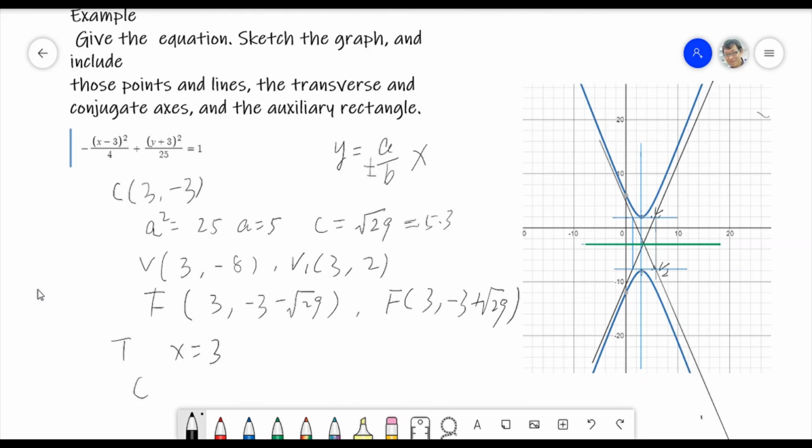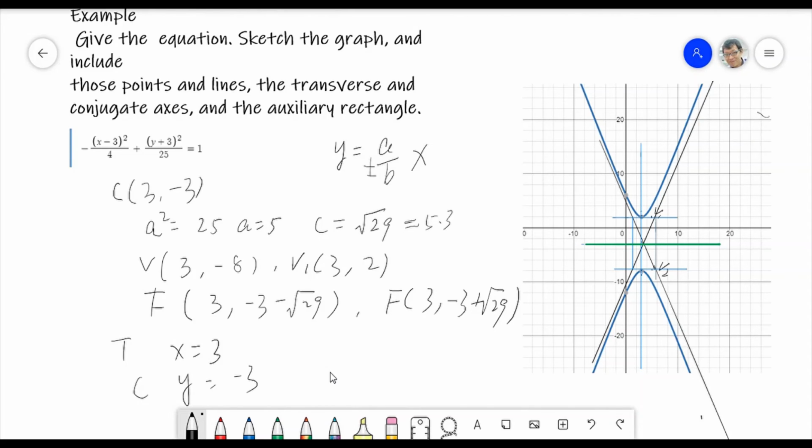The conjugate line is the green one, right? For the green one, we can see the center is negative 3, so y is negative 3. So here we can easily write y equals negative 3, right? So it's okay.